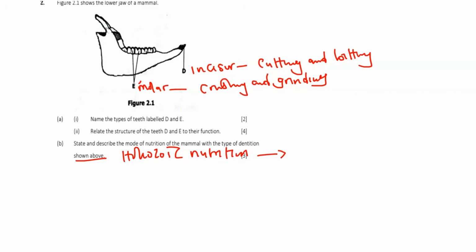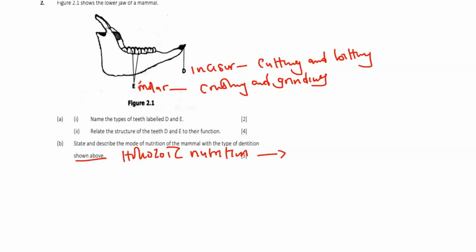We just looked at digestion. So holozoic nutrition is a kind of nutrition that occurs in animals in a special tube called the alimentary canal. So it occurs in the alimentary canal. That is holozoic nutrition.